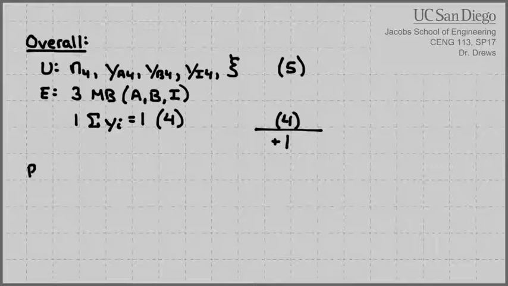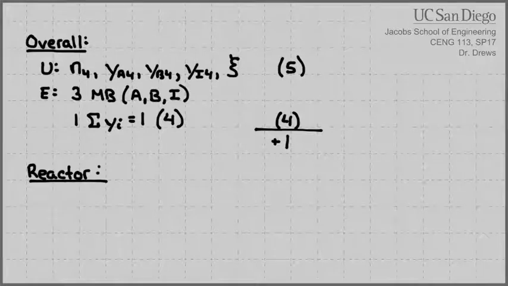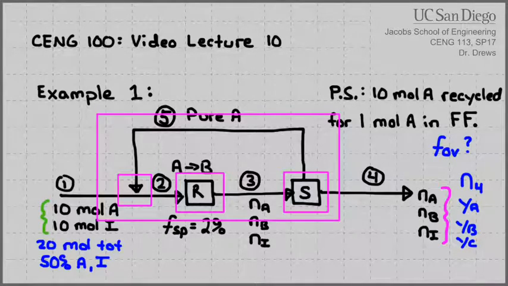How about the reactor? So the number of unknowns that we have, if we flip back over to our drawing, and keep in mind we're looking at the reactor control volume here. We don't know anything about stream 3 here or stream 2 here.